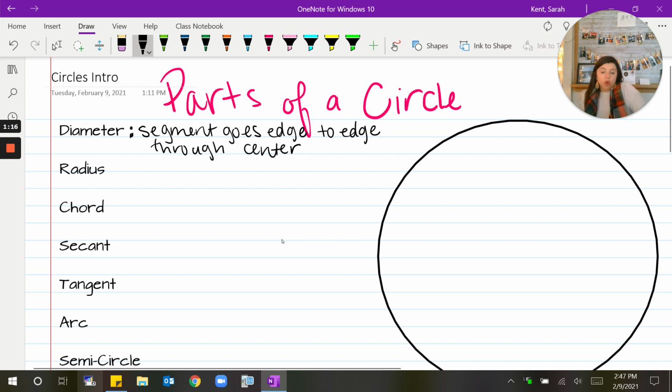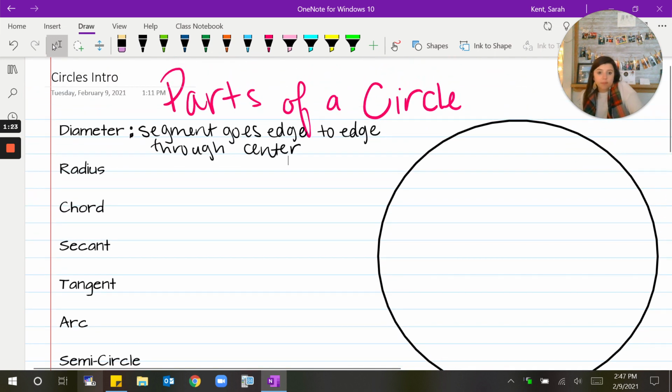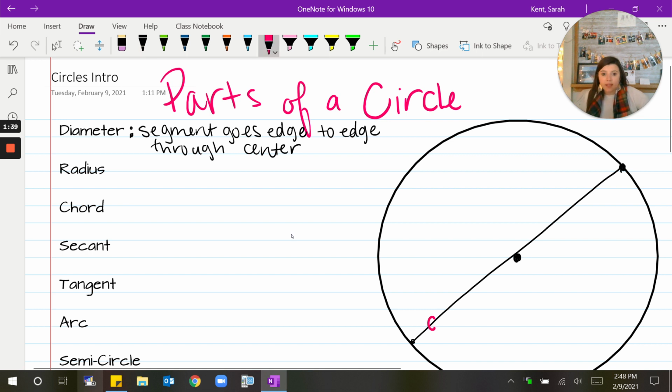So if we were to draw it on this circle right here, I would have a point in the middle of my circle, and the diameter will go edge to edge through that center point. So this is my diameter.